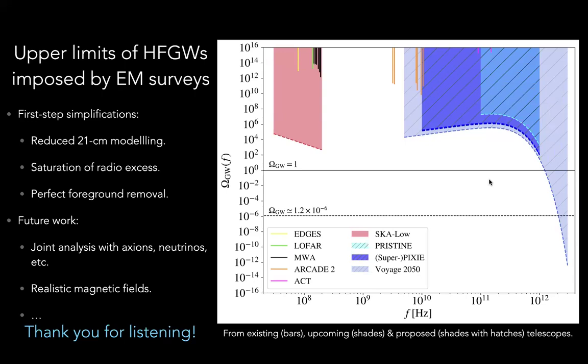Okay, but is it because it's a time demanding process? Because as far as I know, there are tools that are pretty fast in simulating possible signals. So is there an improvement that you plan to implement in your estimates, let's say? In the future, definitely.